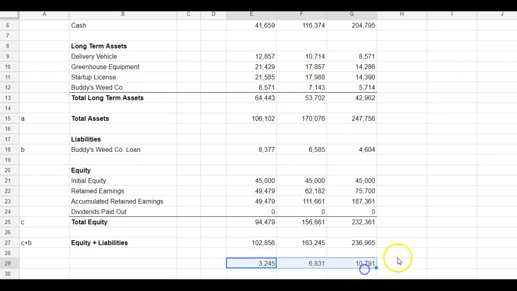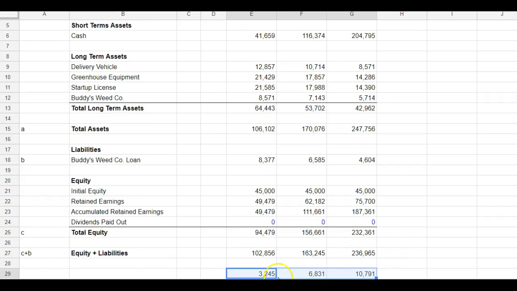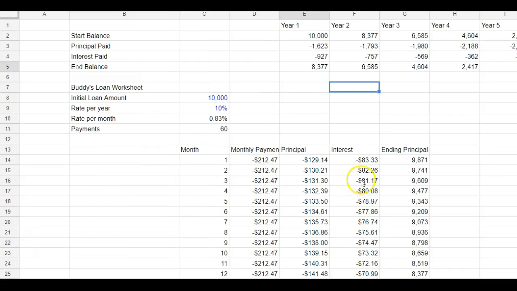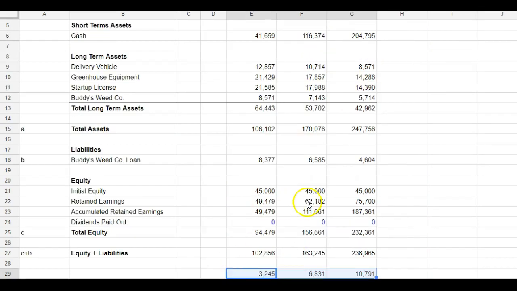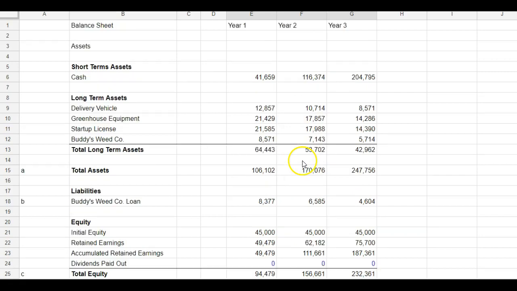So I got 3,200, I got 6, I got 10. Let's see if we can find those numbers. It's 3245. Is it in the loan? Don't see that number there. Although actually, that's exactly twice the principal on that. I wonder if I'm missing a sign. Buddy's Weed Company loan, total assets.